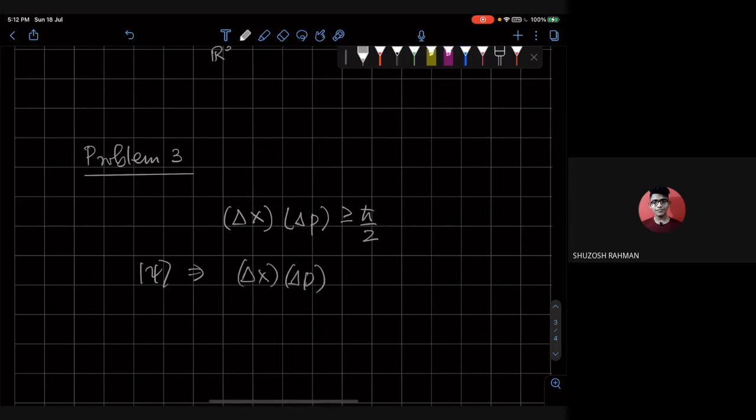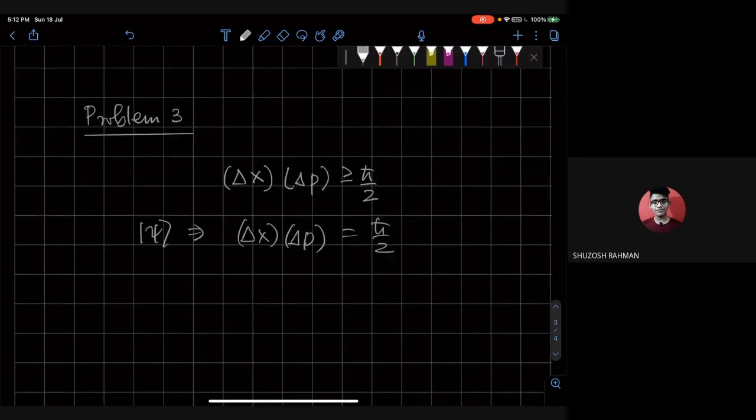That is, this is equal to h bar by 2, and for other wave functions, it's going to be greater than h bar by 2. So you have to show that the psi that minimizes this, the wave function psi of x, which of course is x dotted with psi, is some kind of a complex Gaussian, okay?